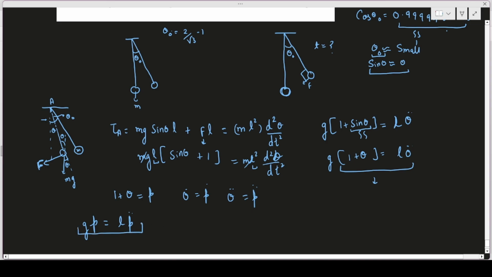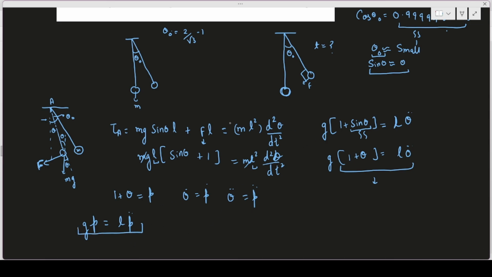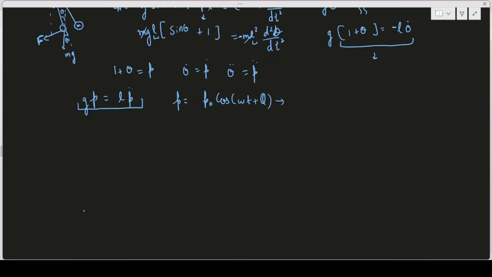Now this is our known SHM equation. p will be equal to p naught cos of omega t plus phi. This is the solution to our standard SHM equation.